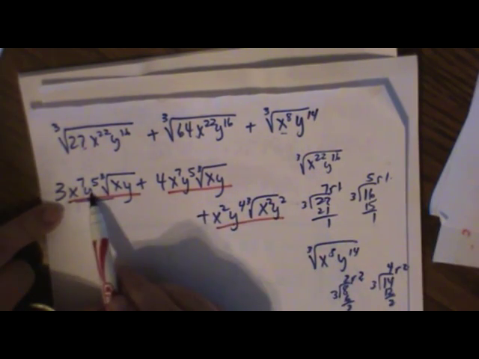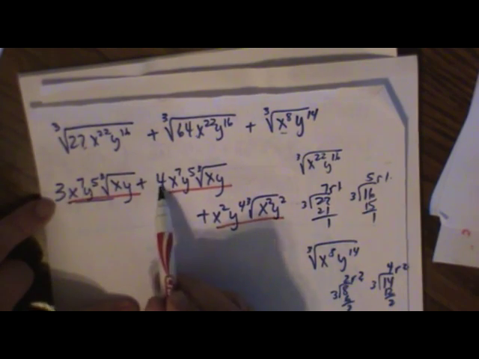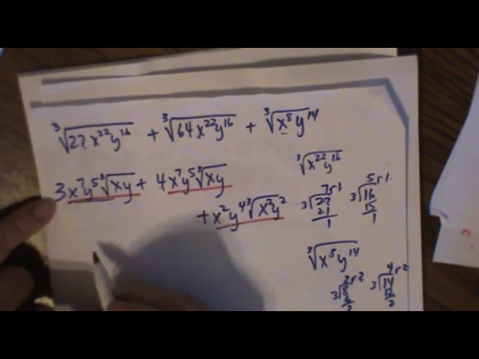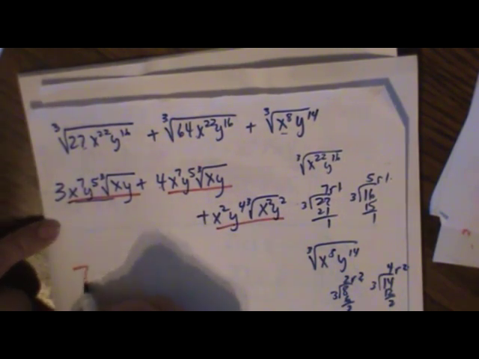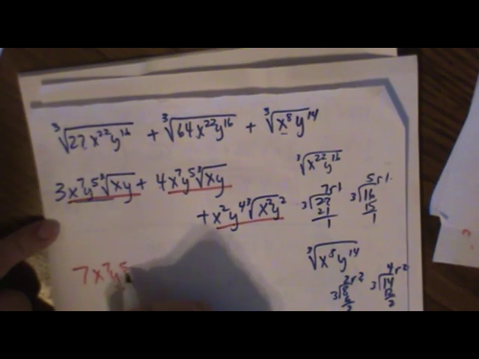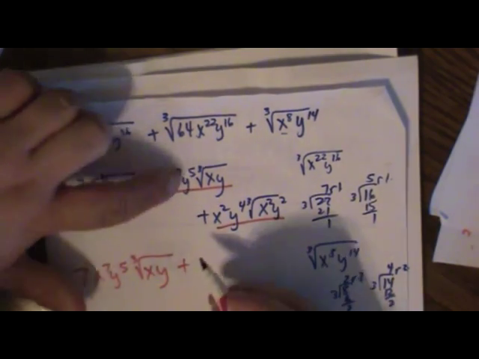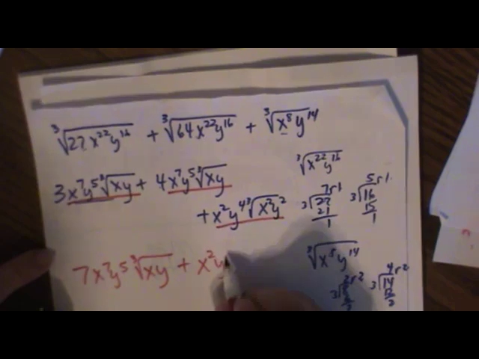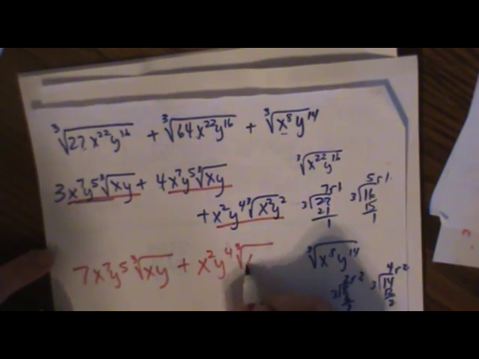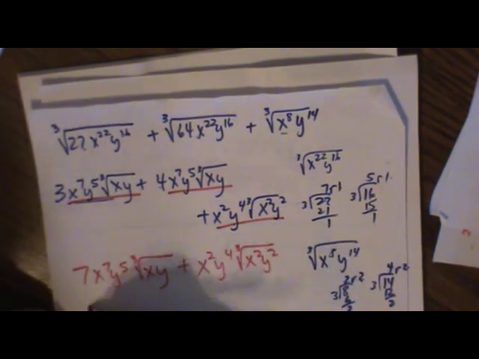These two are the same, so we can add those two coefficients. That gives us 4 plus 3 is 7. But since these are different on the outside, we can't add them to this. It has to remain by itself. And that is our answer.